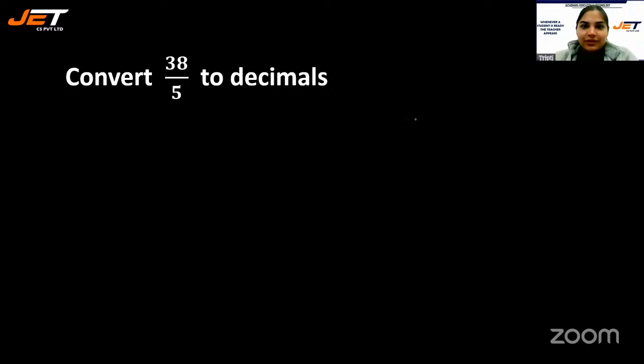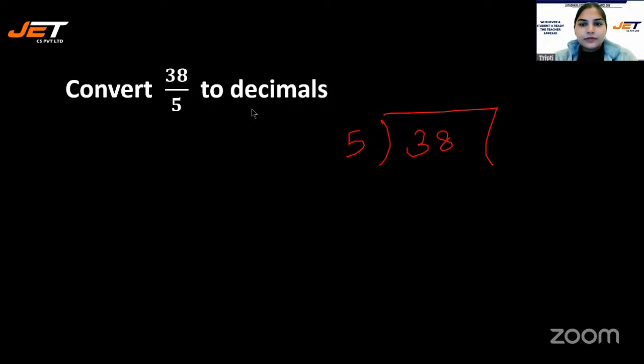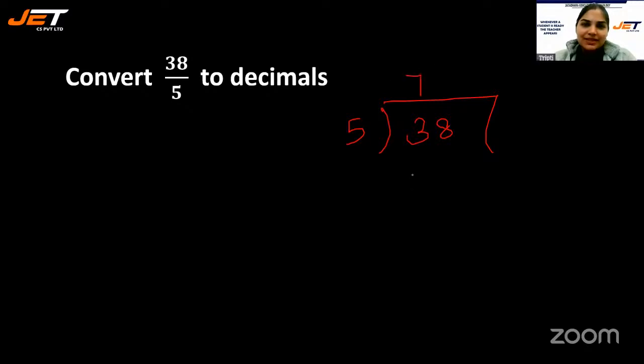38 by 5. Let's do this last question for the day. 38 by 5. So here, 5 times 7 is 35. 3 here, bringing an extra 0 down, putting a decimal here. 5 times 6 is 30.